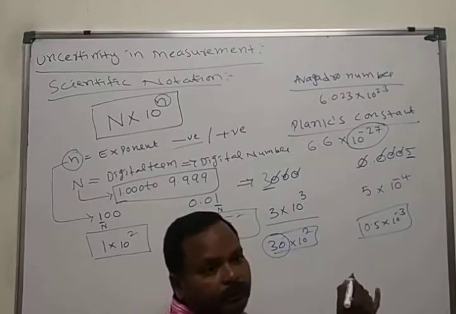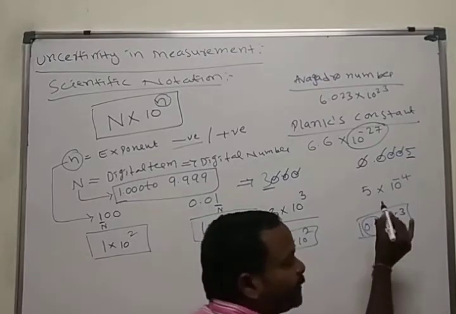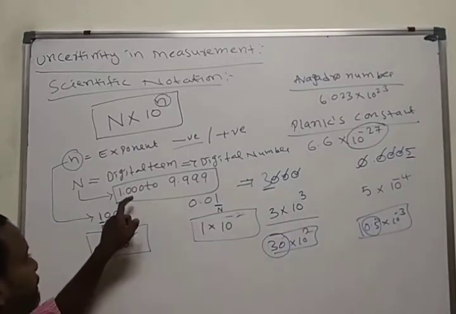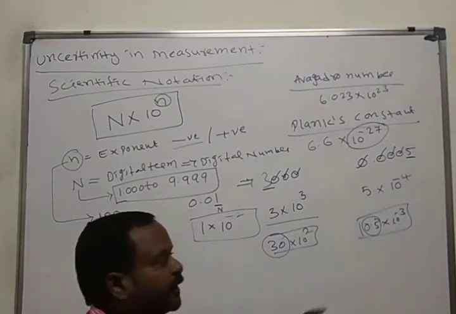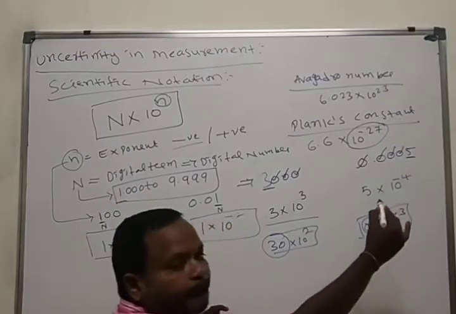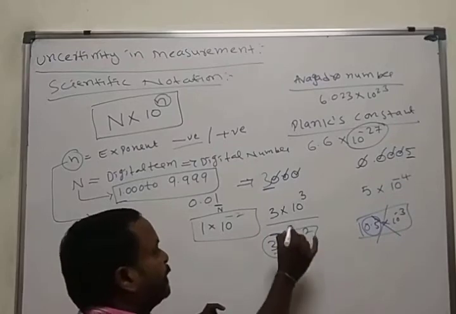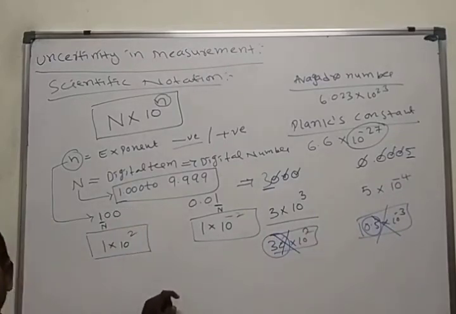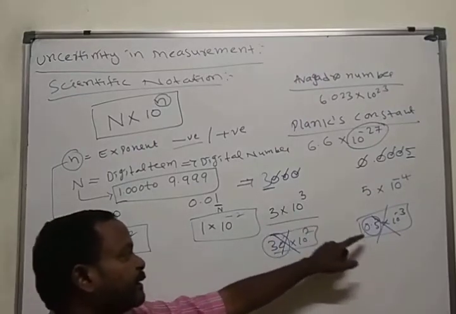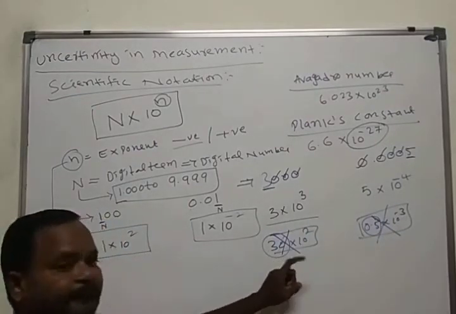Same value, but 0.5 is not included. This number should start with only 1. In SSLC level, your previous level, I think you wrote like that, but from now onwards, don't write like 0.5 and 30.